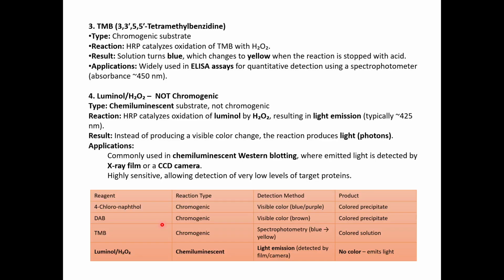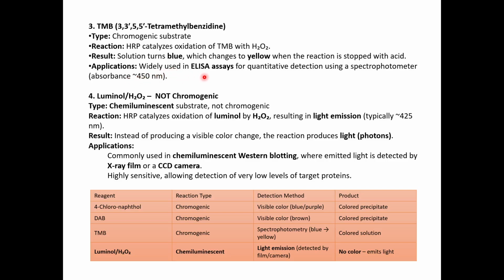4CN and DAB. Other than this, there is TMB, which is 3,3',5,5'-tetramethylbenzidine. So this is also similar to DAB, and it is also a chromogenic substance. The HRP catalyzes the oxidation of TMB with H2O2. The solution turns blue here, which changes to yellow when the reaction is stopped with an acid.